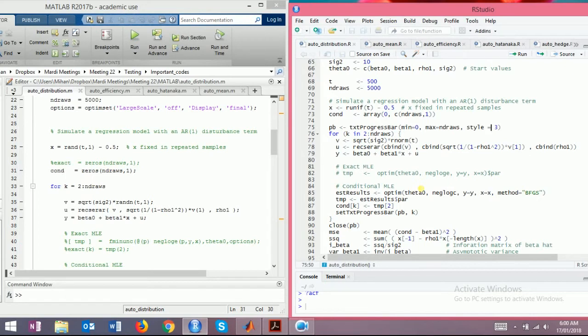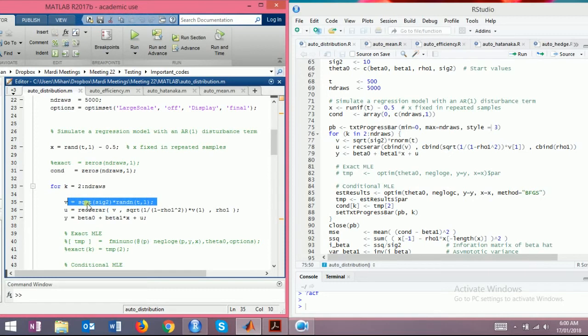For k from 2 to number of n draws, because we remember s plus 1: when you progress, it is s plus 1, time t equals s plus 1, and when s equals 1 then 1 plus 1 is 2. So 2 to number of n draws. This is the equation: square root of sigma square times a random number.